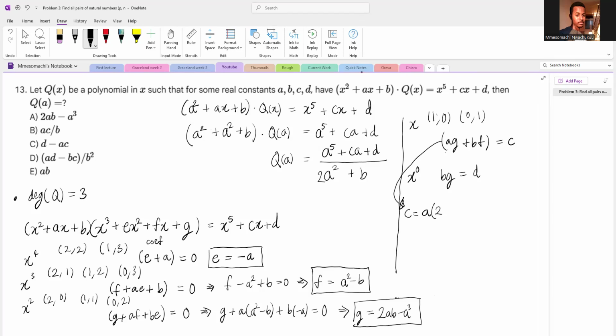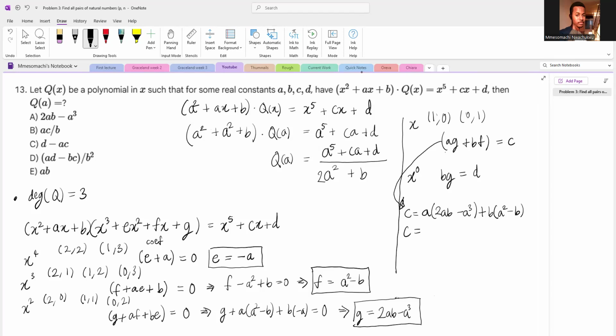So it's going to be 2AB minus A cube, and so plus BF, so B into, F is A squared minus B. So we can simplify this further.